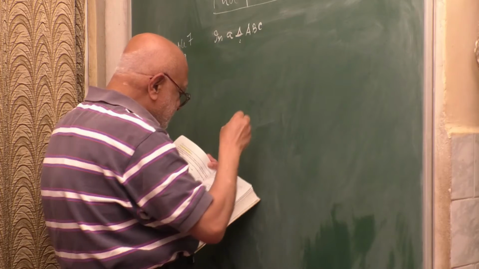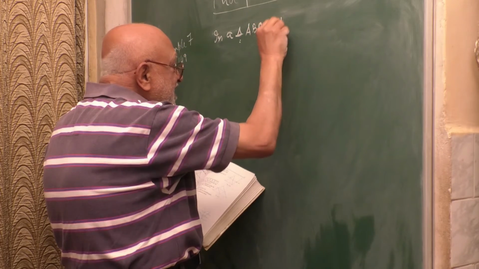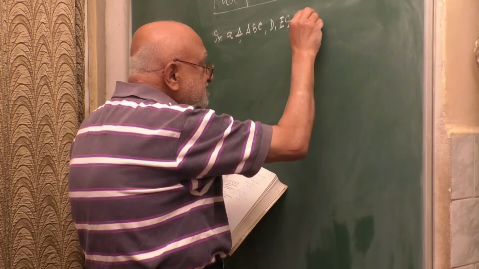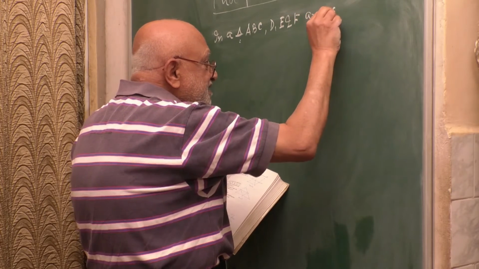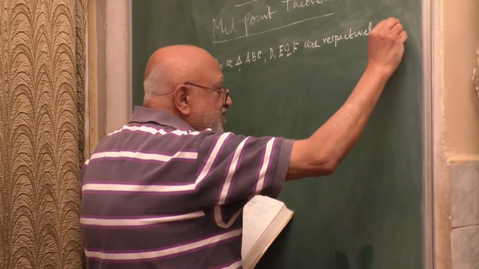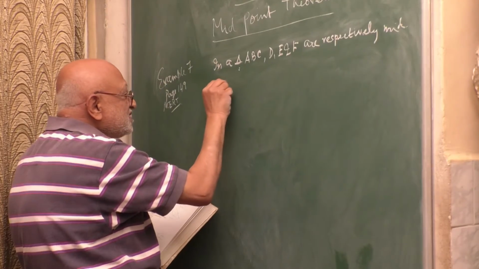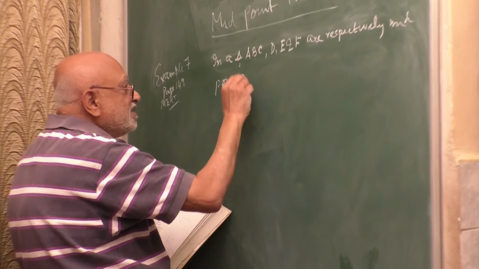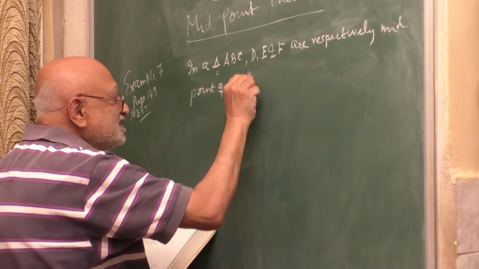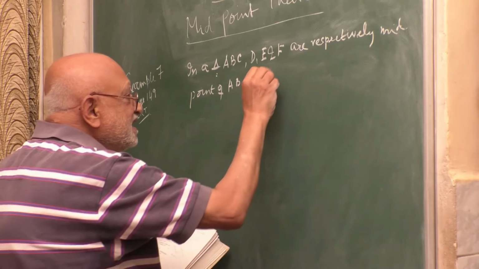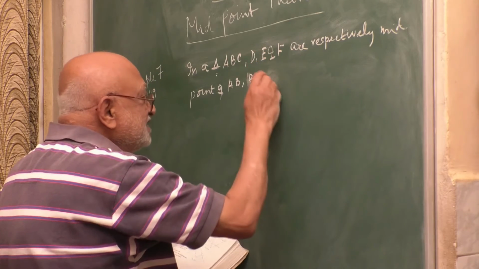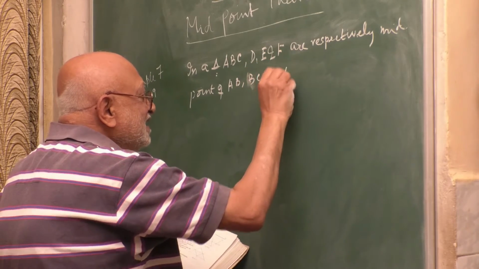D, E and F are respectively midpoints of AB, BC and AC. So there is no comma, BC and AC.